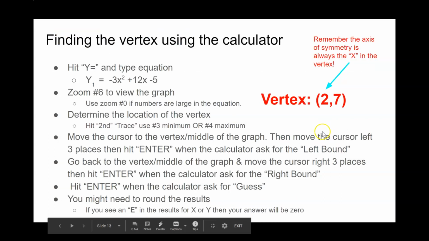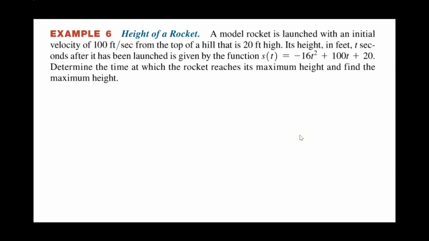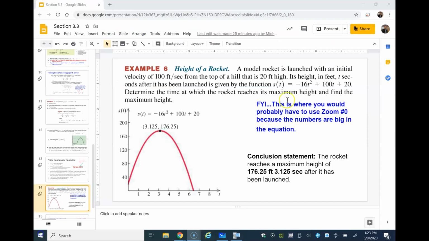So just to quickly go over how to find the vertex again, I'm going to show you this with this equation to go through those steps for you. So we're going to take this equation here and we're going to figure out the vertex because the problem asks: a model rocket is launched with an initial velocity of 100 feet per second at the top of a hill that is 20 feet high.